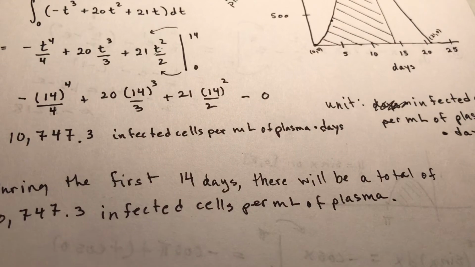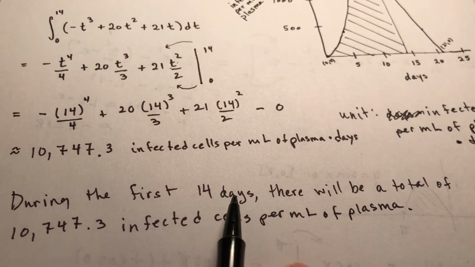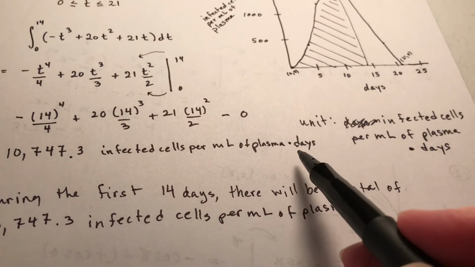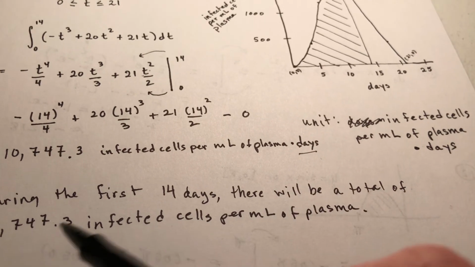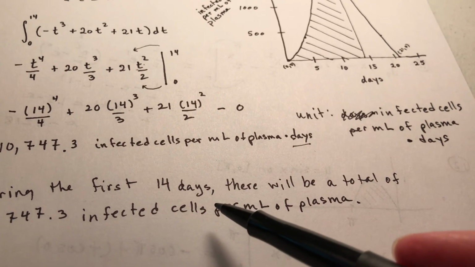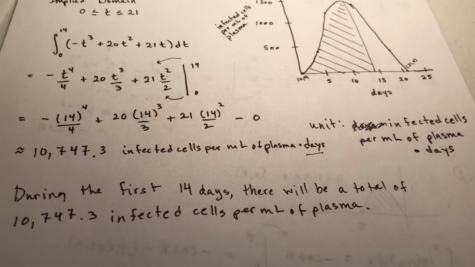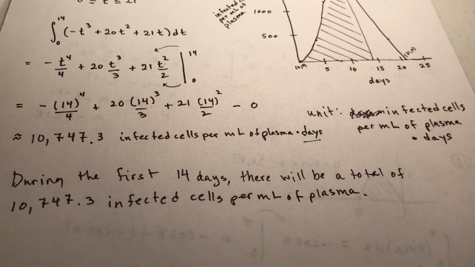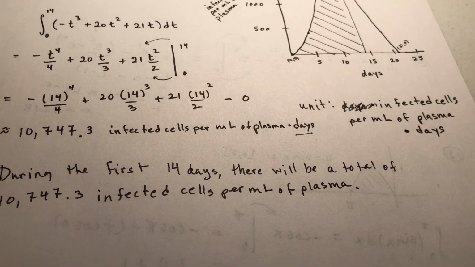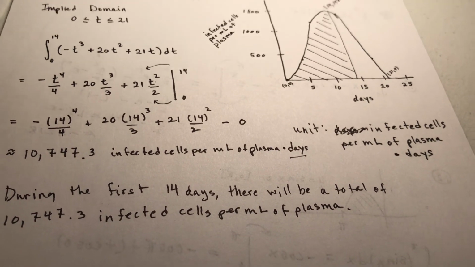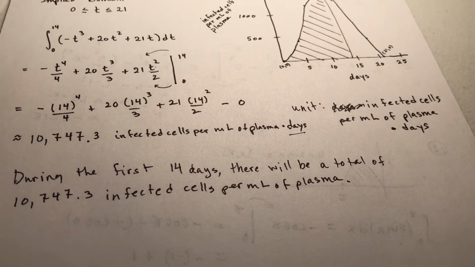Now, because I'm saying during the first 14 days, that kind of takes care of the times days. So during the first 14 days, there will be a total, so it's an accumulation, of 10,747.3 infected cells per milliliter of plasma. All right, that ends section 5.3.